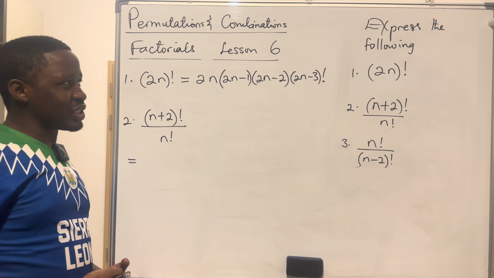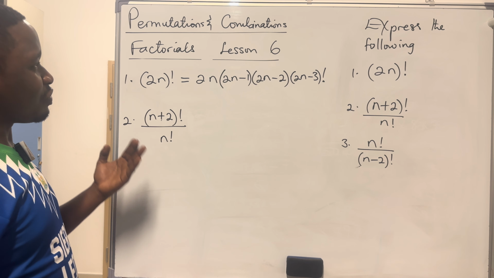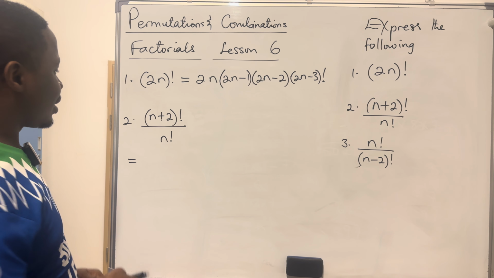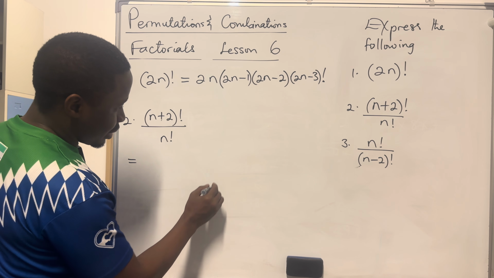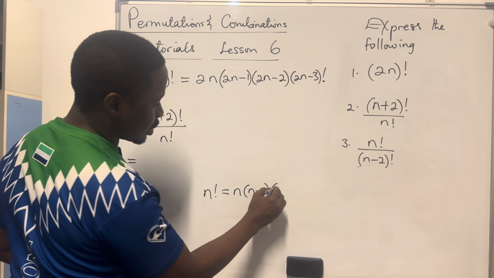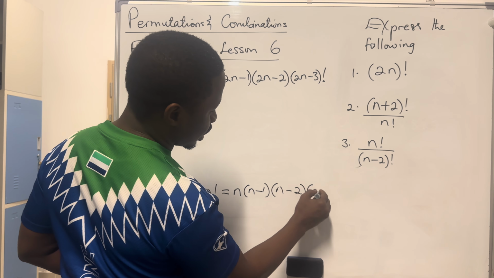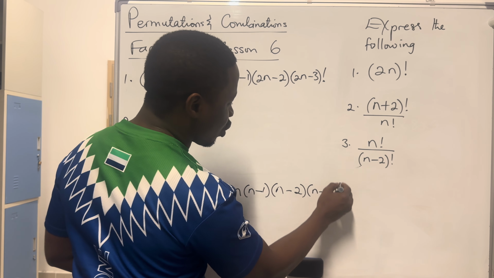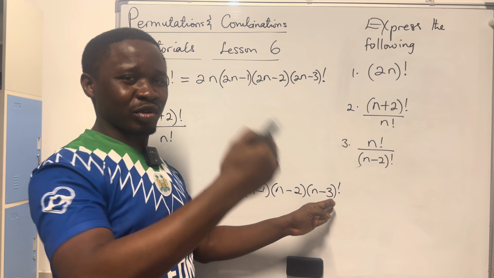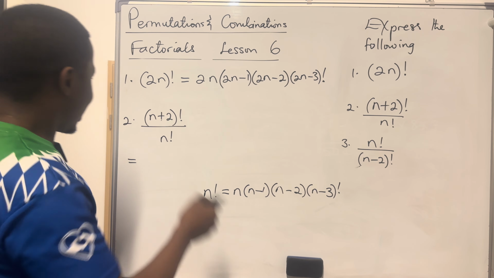So I advise you visit lesson 4 and lesson 5. We exhausted cases like this. Now n factorial is n into n minus 1, n minus 2, n minus 3. By the look of things, it will forever produce minus something, as you can see.